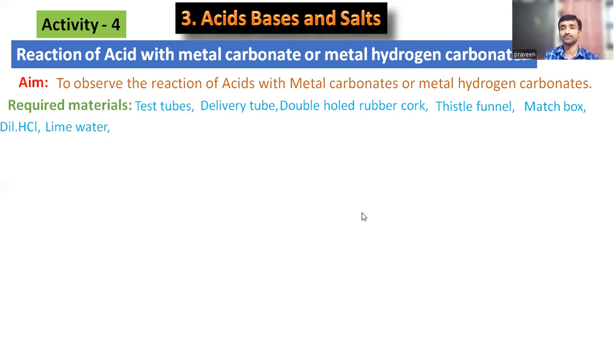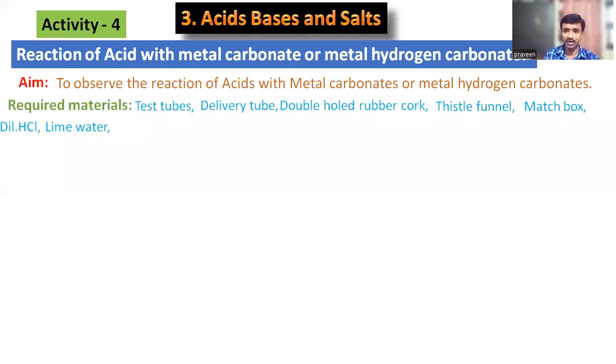You are able to identify the liberated gas with the help of lime water, and also with a matchstick; both are possible. The lime water test only helps you find out that the liberated gas is carbon dioxide. With the burning matchstick, I'll show you that in the other reaction.